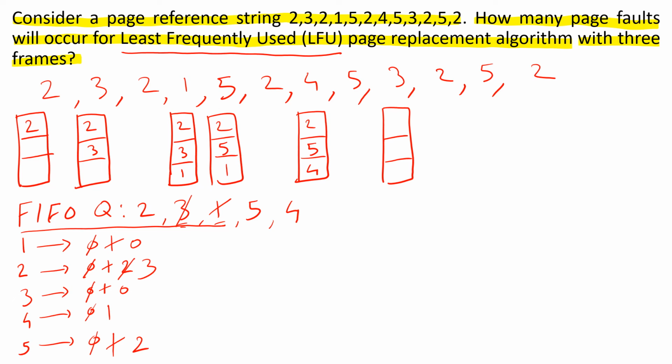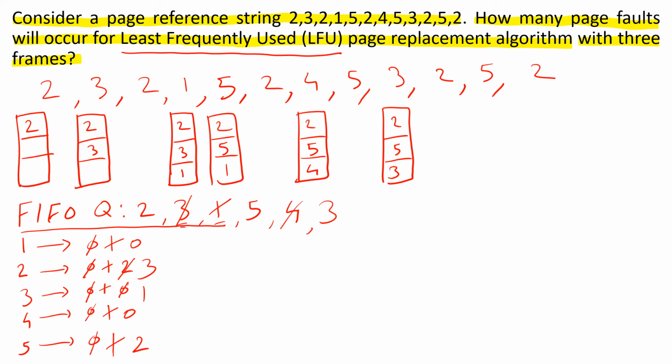So we keep 2 and 5 as they are, 4 is thrown out, and 3 is taken into main memory. Since 4 is thrown out, it goes out of the queue as well, and 3 is inserted into the queue. Since 4 is thrown out of main memory, its reference count resets to 0, and since 3 is taken into main memory, its reference count becomes 1.